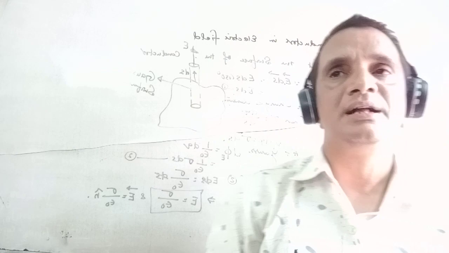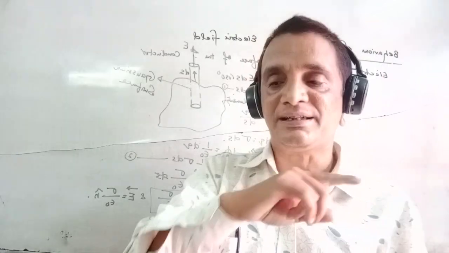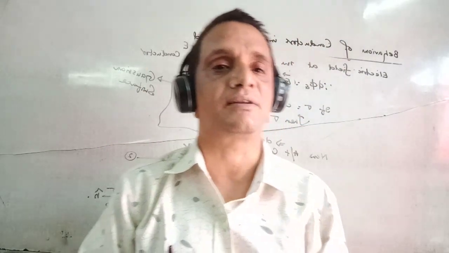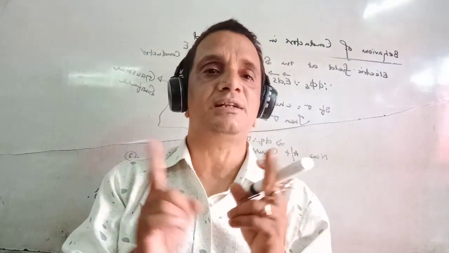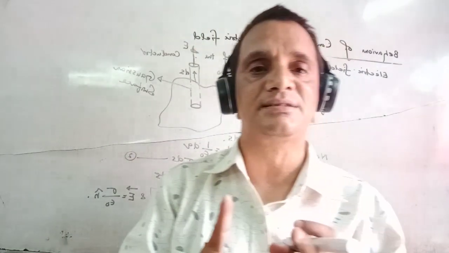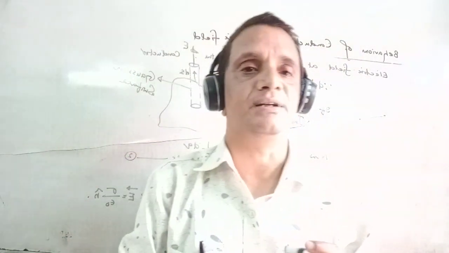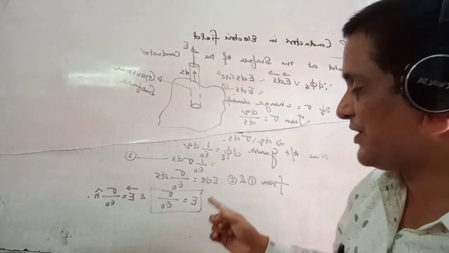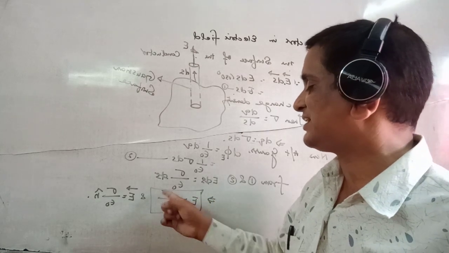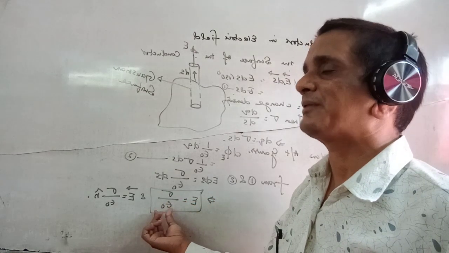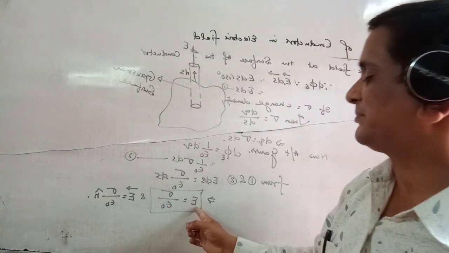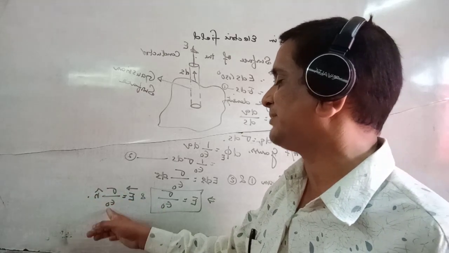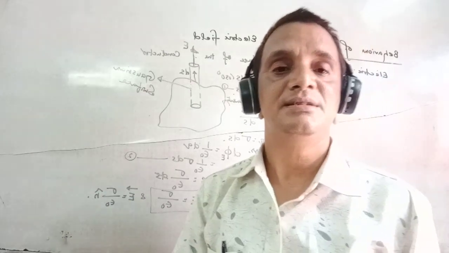The fourth point is that electric charges always reside on the surface of the conductor when it is placed in an electric field. The fifth point is that electric potential is always constant when it is placed in an electric field. The sixth point is that the value of electric field intensity on the surface of the conductor depends upon the surface charge density and epsilon naught, the permittivity of the medium. That means E is equal to sigma by epsilon naught and its direction is given by n cap. So E vector is equal to sigma by epsilon into n cap. This is the 6th point.